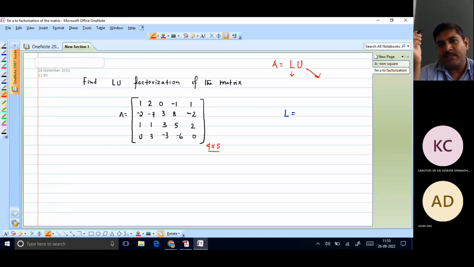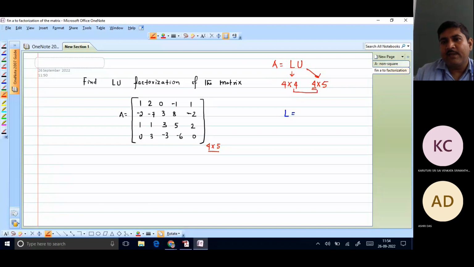U is obtained from A by applying elementary row operations, so U and A match in size. So the size of U is 4 by 5, the same as that of A. The size of L should be 4 by 4, so that it is conformable for multiplication.